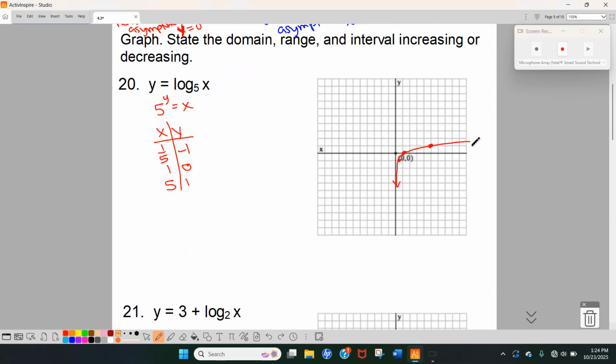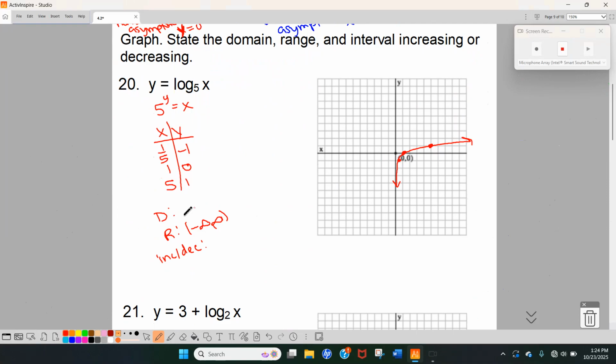All right, so then domain, range, and whether it's increasing or decreasing. Okay, those are the things they're going to ask in Math Excel. So for a log function, the range will always be all real numbers. The domain is going to depend on where your asymptote is.